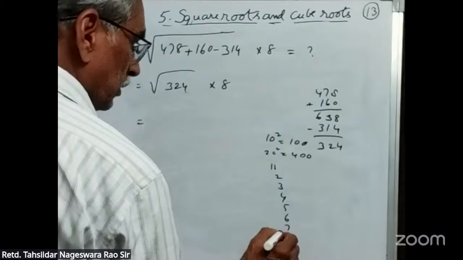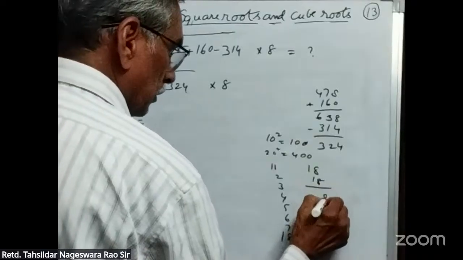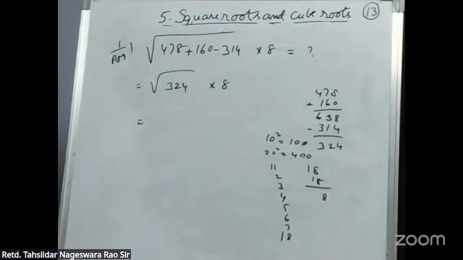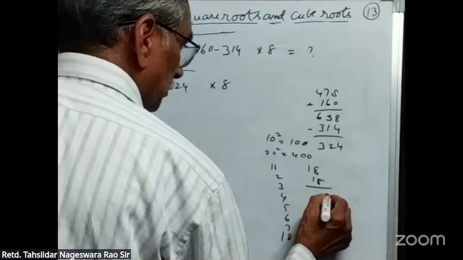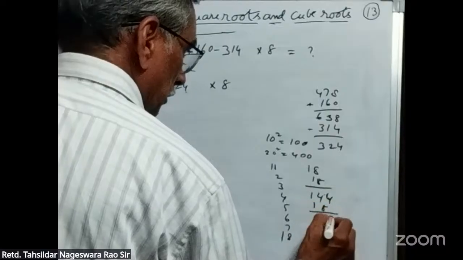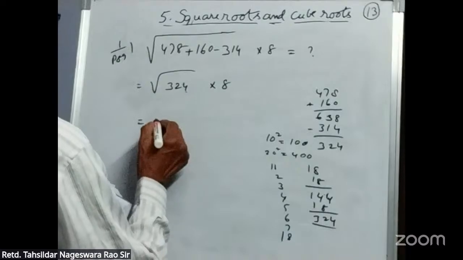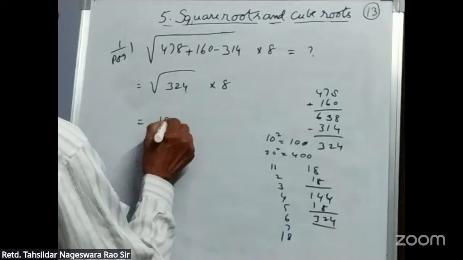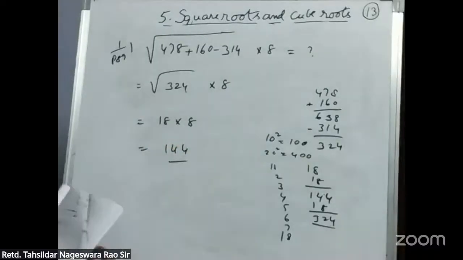Again, possibilities for 324: 18. If you remember 18 square, it's well and good. 18 square is 324. If you forget, find out like this also. Root of 324 is 18. 18 into 8 will be 144. Answer. Next question.